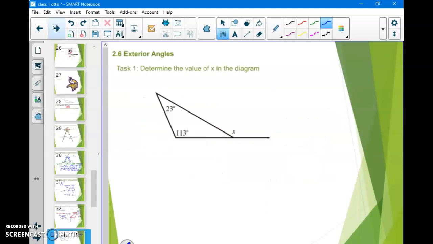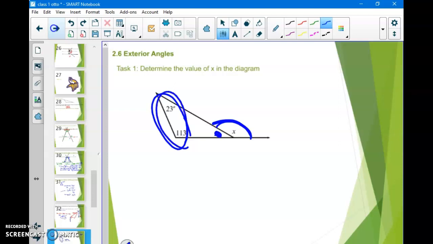All right. Section 2.6, exterior angles theorem. Basically what the exterior angles theorem says is that this exterior angle out here is going to be equal to the sum of the two non-adjacent interior angles. So non-adjacent means not next to. So leave this one out.